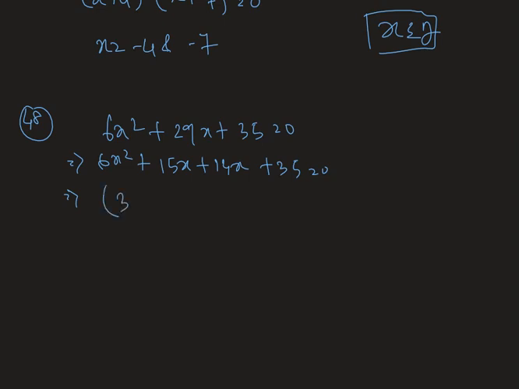Here we have 3x plus 7 multiplied by 2x plus 5 equals 0. Hence the value of x is minus 7 by 3, and another value of x is minus 5 by 2.